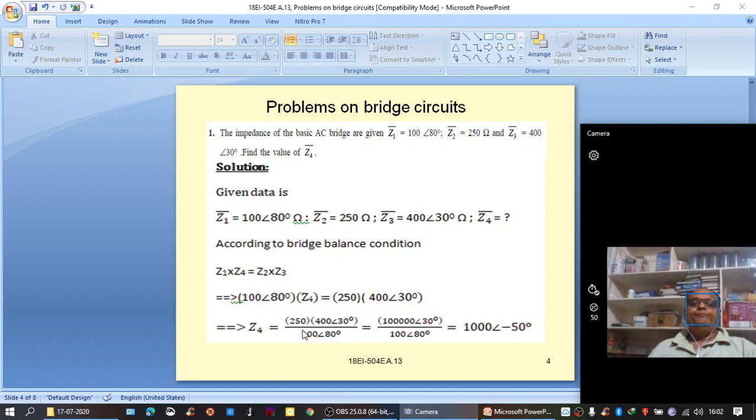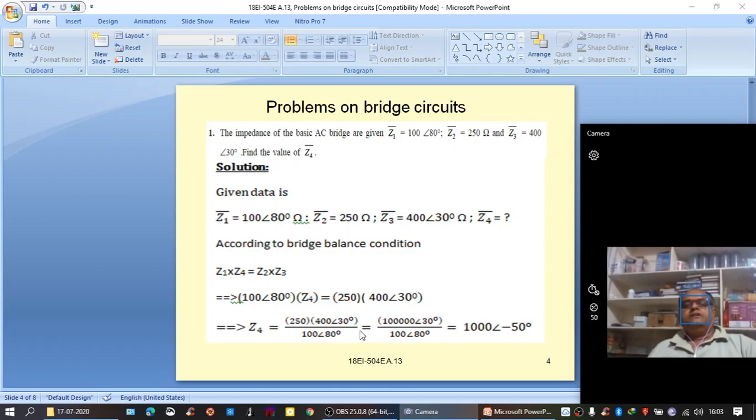Now here, looking into the magnitude condition, the magnitude of Z4 is simply 250 into 400 by 100. That is 1000. And look into the phase angles. Z1 is at an angle of 80 degrees and Z4 is unknown, let it be theta 4. Z2 is at an angle 0 because nothing is mentioned, and Z3 is 30 degrees.